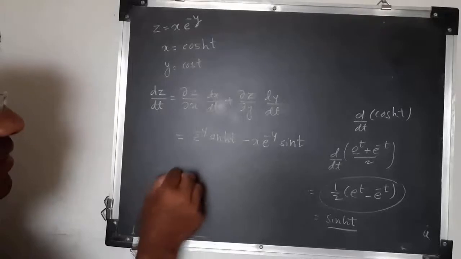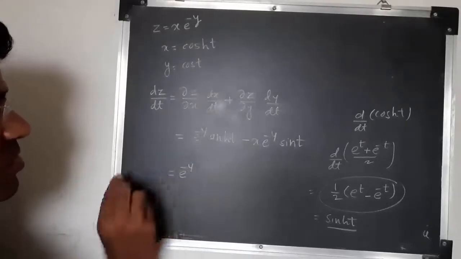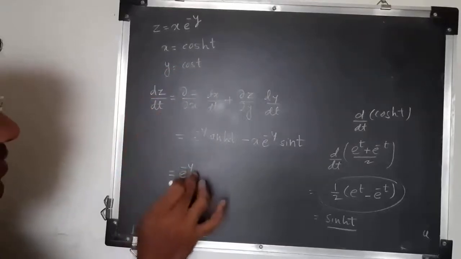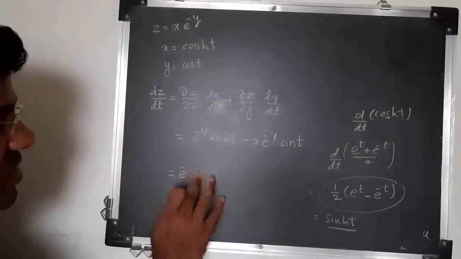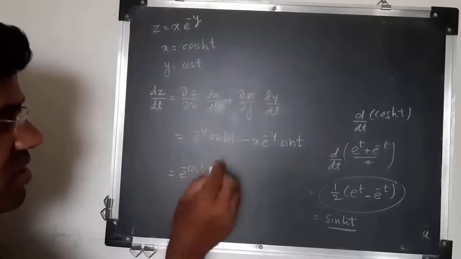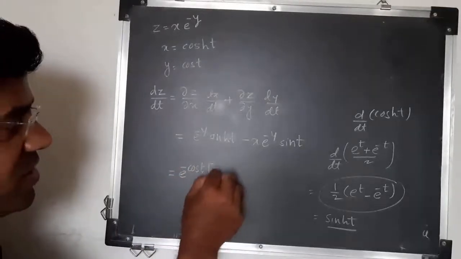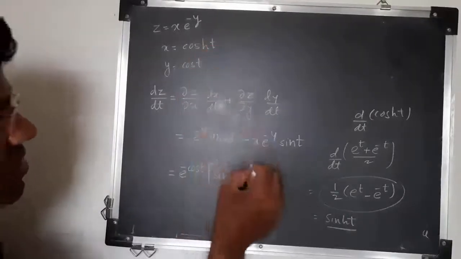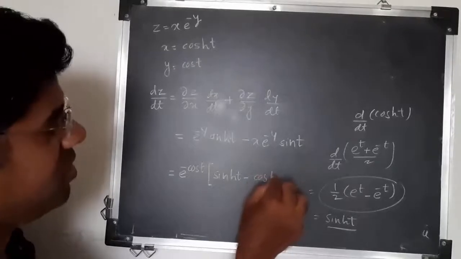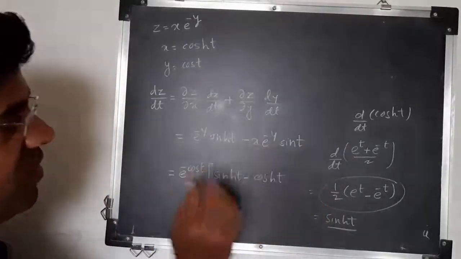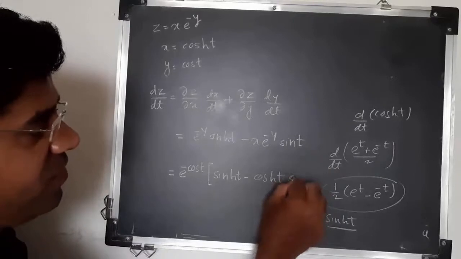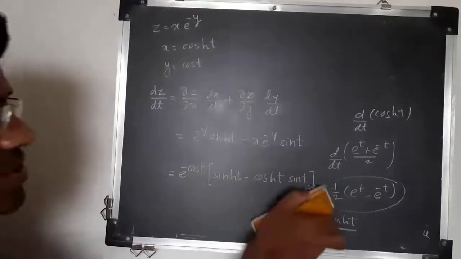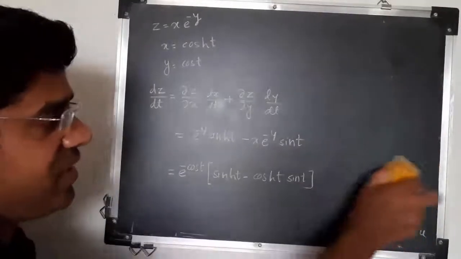So I will take e raised to y common. We have to put the values because this is a function of t, so y is equal to cos t. Inside we have sinh t minus x, which is cosh t, times sin t. Such type of problems you have to solve in this particular case.